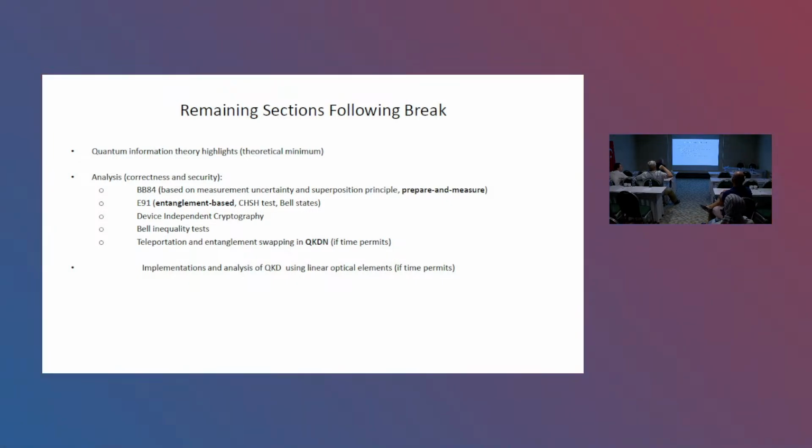But if this were a real coursework or class, or if you had longer time, I would describe some quantum information theory highlights, how information is defined in quantum systems, and how quantum channels work, because just like in classical communications, in quantum systems the source carries some information and the channel has a quantum information theoretical capacity.